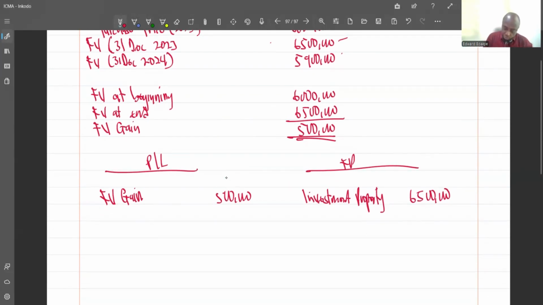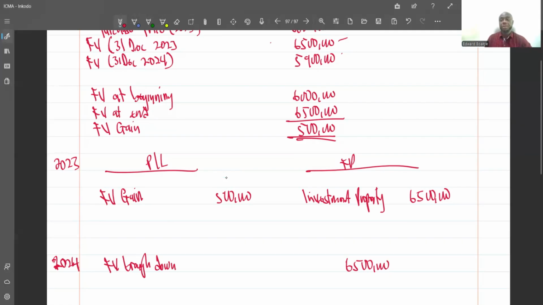So this is for 2023. Let's go to 2024. So in 2024, we can see that the fair value brought down was how much? Was 6.5, because the 6.5 was as at December.